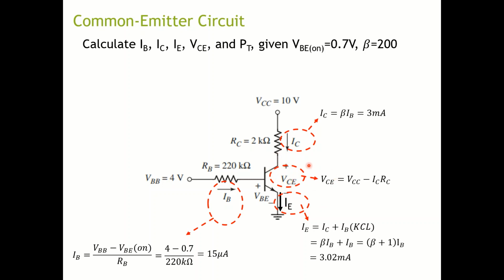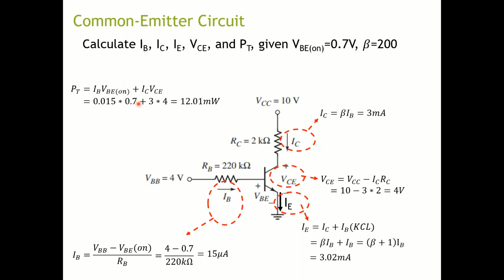The voltage across collector and emitter is equal to this voltage minus the voltage across the collector resistance. So I have 10 minus I_C multiplied by R_C, which is 3 multiplied by 2, and I have 4 volts.